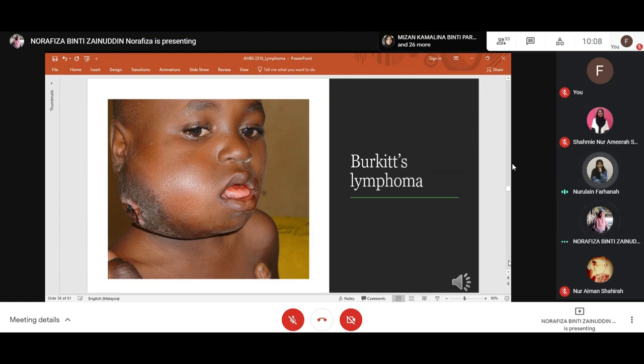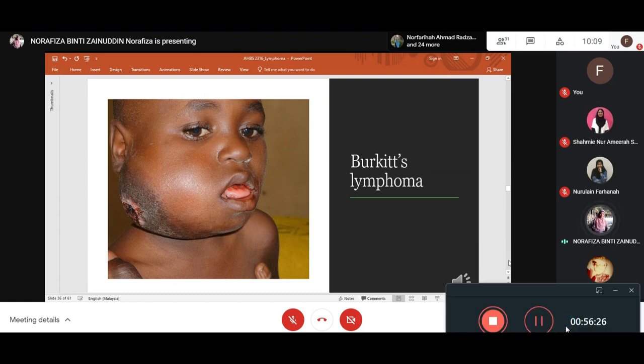Right. So, Burkitt's lymphoma was actually identified in 1956 among African children. It is common in young children who also have malaria and EBV infections, Epstein-Barr virus infections, which cause infectious mononucleosis.